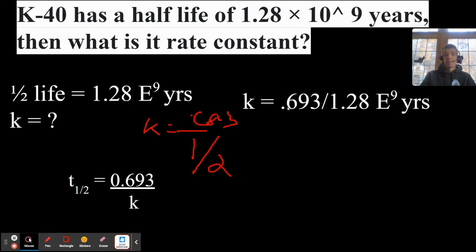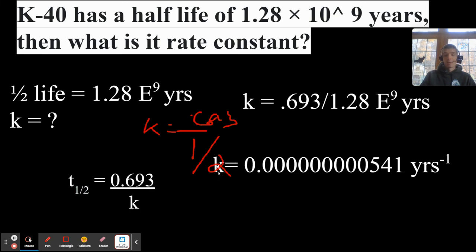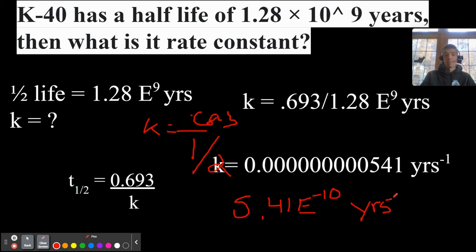Then here's what I would get, and here's my K. I would write this in scientific notation, and it's 5.41 e to the negative 10th inverse years. So that's my rate constant for the decay of potassium-40.